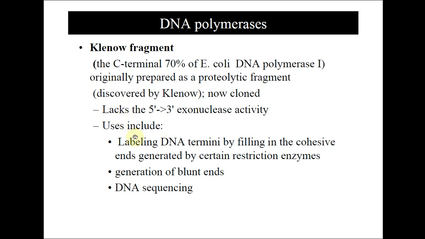The Klenow fragment is used for labeling of DNA termini by filling in cohesive ends generated by restriction enzymes, used for DNA sequencing and for generation of blunt ended DNA molecules or linkers.